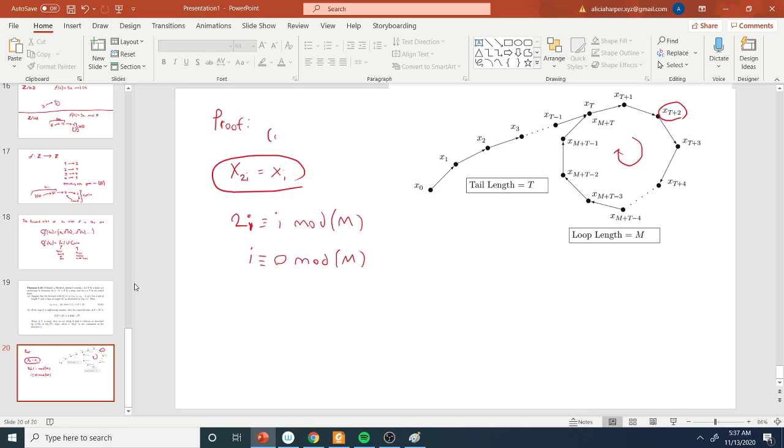So for part A, all we have to do is find the first i which is greater than the tail, because we don't want something that lies in the tail, that is a multiple of m.